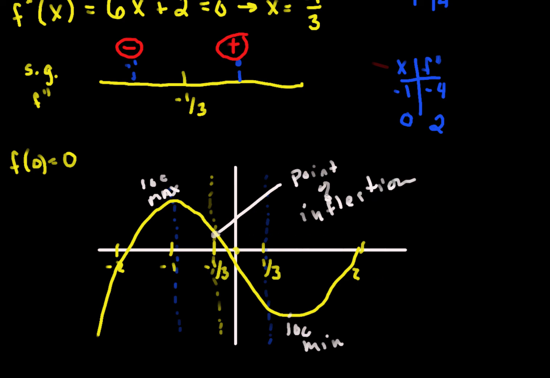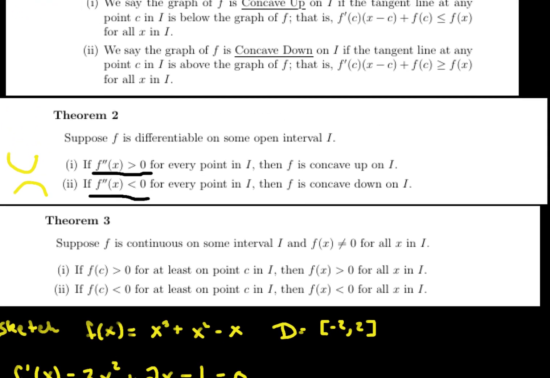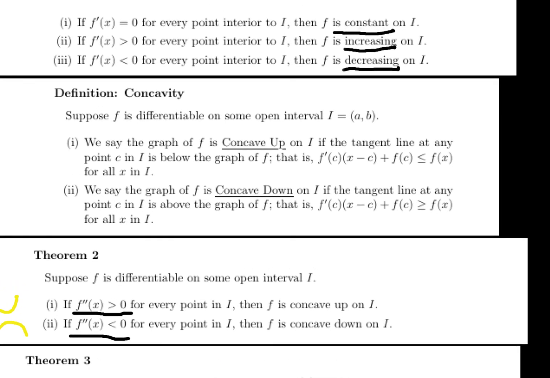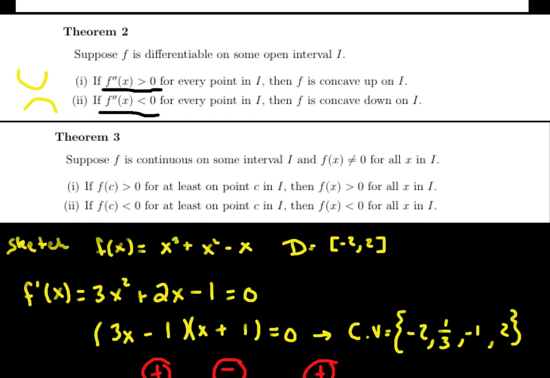And then we have some global maxes and mins that we'll want to get some handle on. But again, this is just using the three theorems about the derivative. The second derivative tells us when it's concave up and concave down. The first derivative tells us when it's increasing, decreasing, or constant.